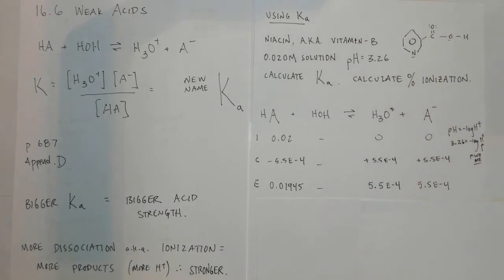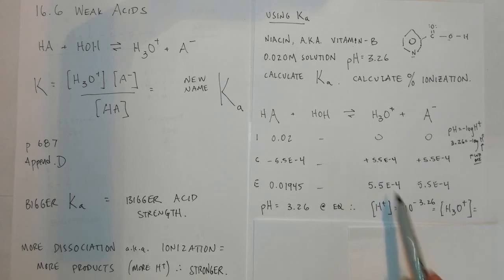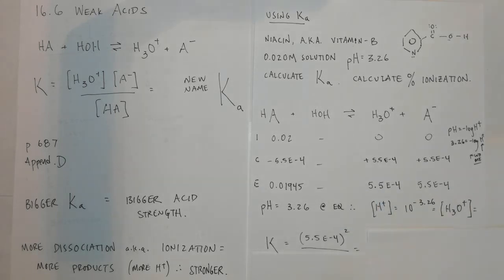We're supposed to calculate Ka. Here's more of my math right here. The pH is equal to 3.26 at equilibrium. The H plus is equal to 10 to the negative 3.26, and therefore the H3O plus is 5.5 times 10 to the negative 4. The equilibrium constant would be the products times one another, so I wrote it as squared, divided by the reactant, which is 0.0194.